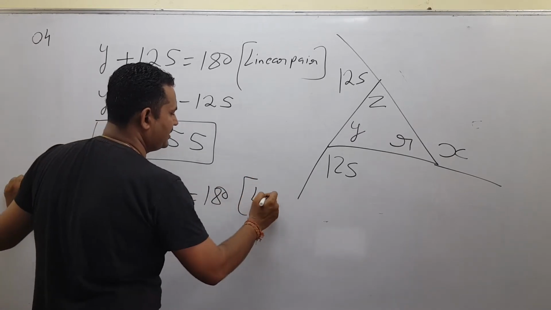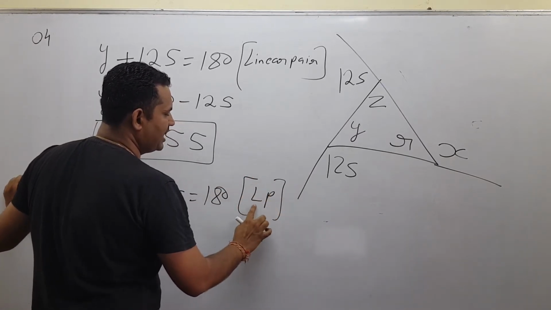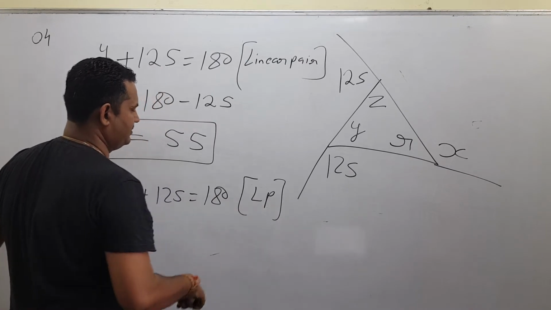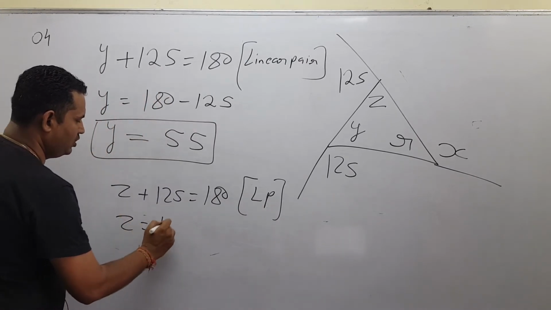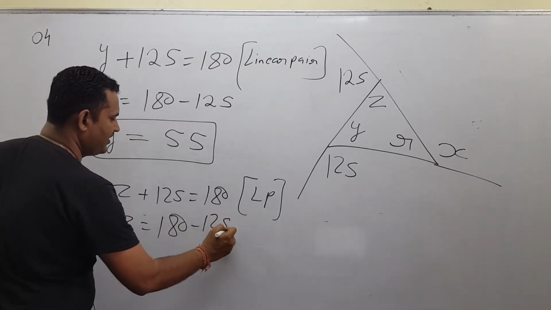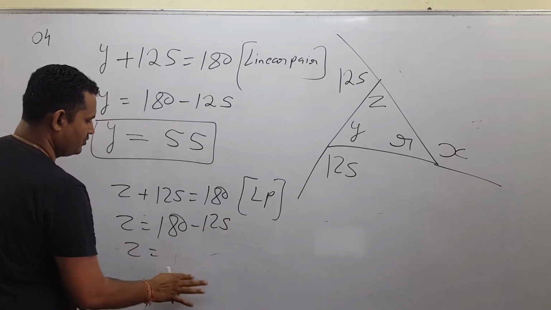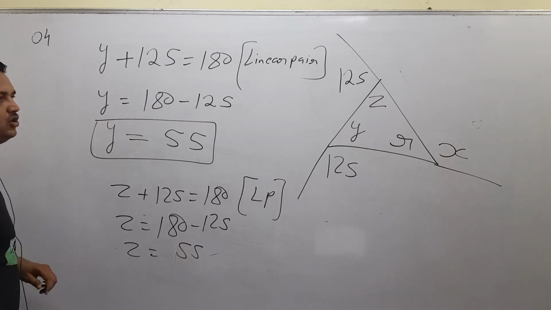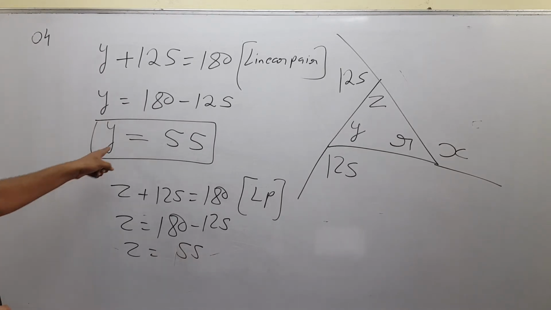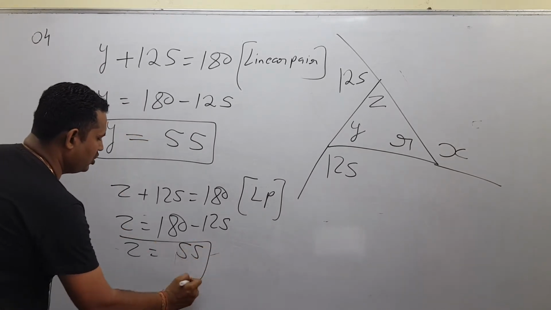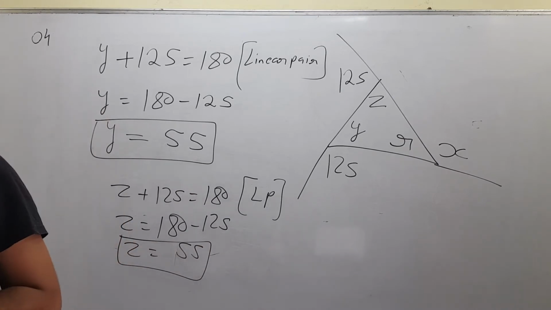Again LP, LP means linear pair. Z is equal to 180 minus 125, which is 55. So the answer of y is 55, and the answer of z is also 55.